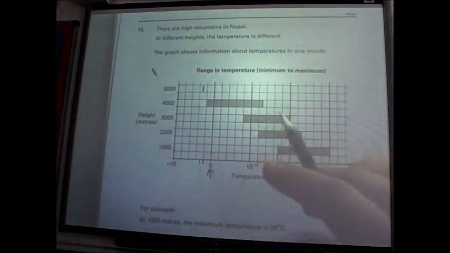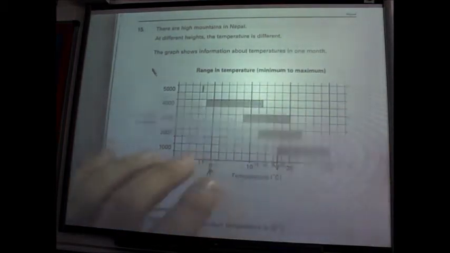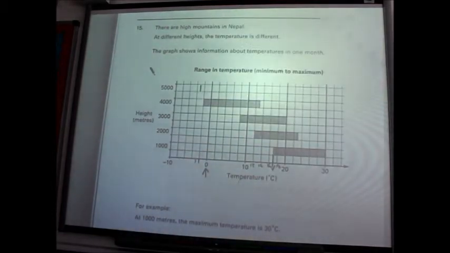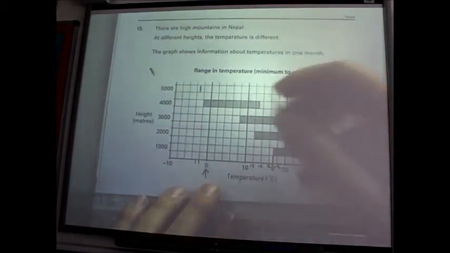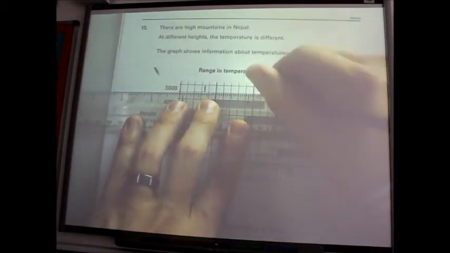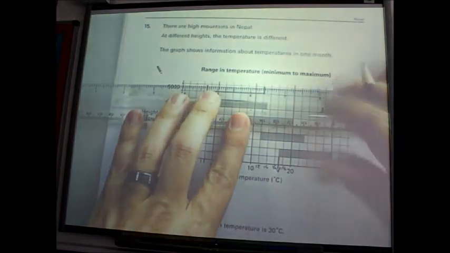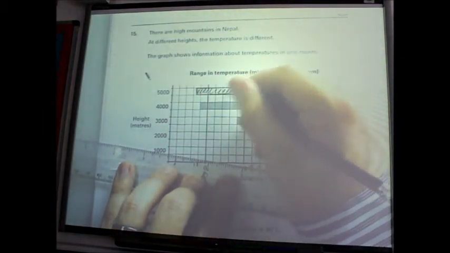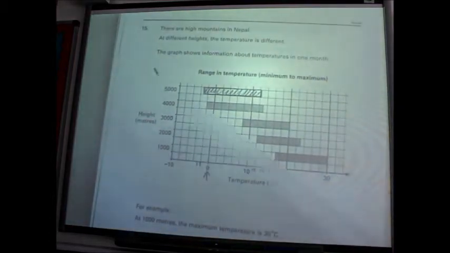So I'm going to draw along here 15 degrees Celsius, and you can either count along, or you know that -3 and 15 is 12. So that takes you to here. Plot it on like that, and I am going to shade that in, and that will get you 2 marks.